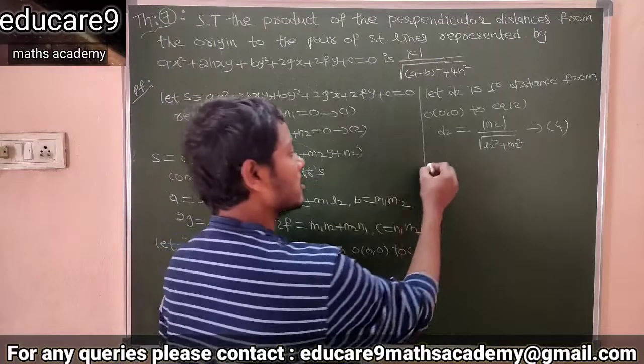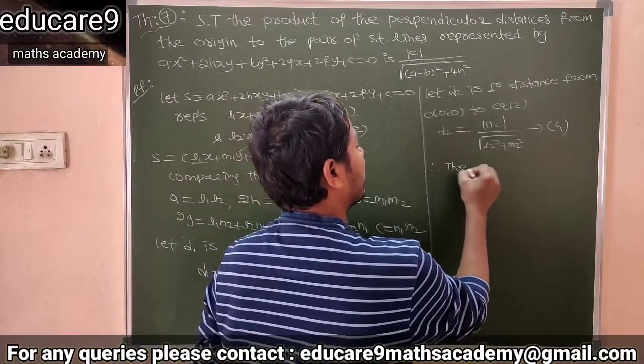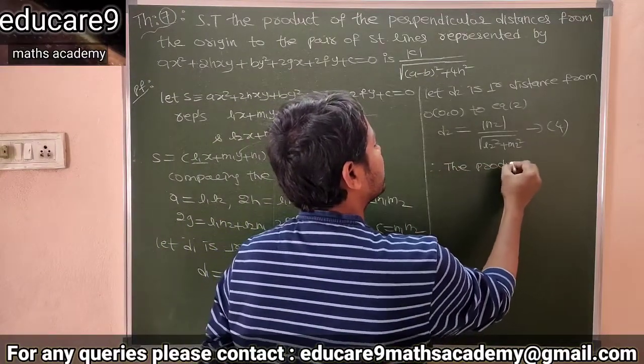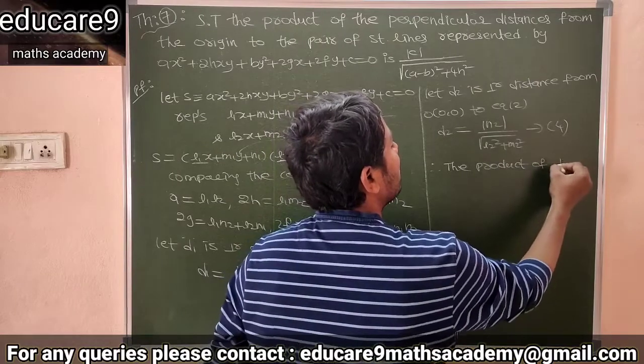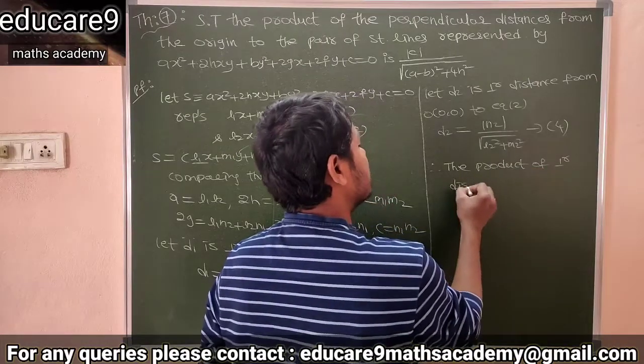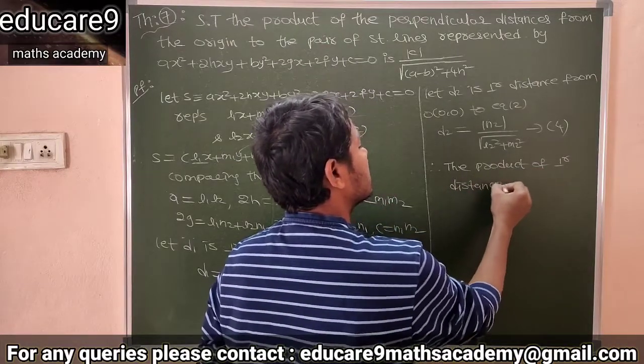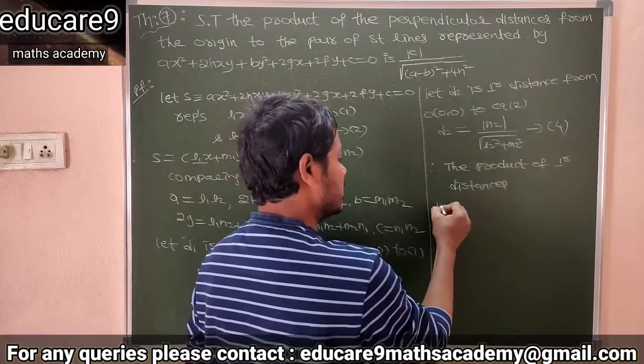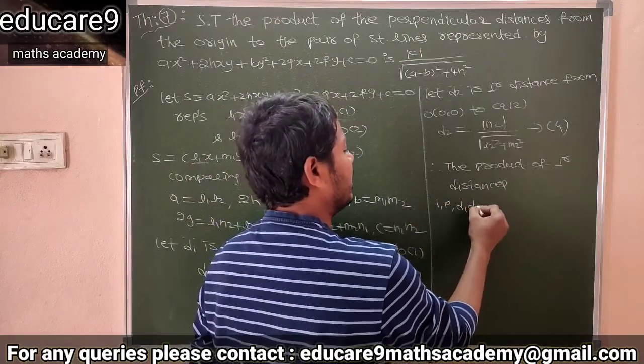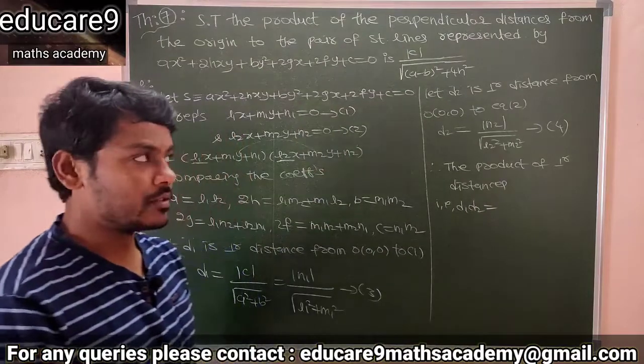Therefore the product of the perpendicular distances is d1d2. What is d1?